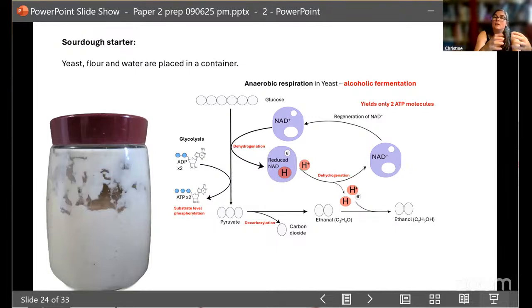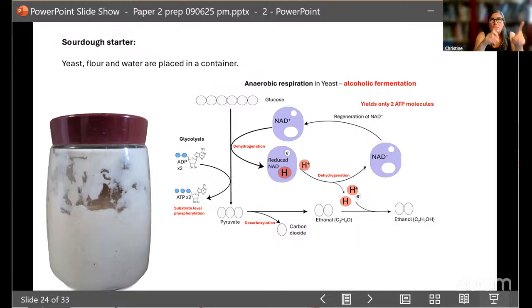So this is going to result in alcoholic fermentation. So they could bring in whether it was aerobically or anaerobically respiring based on: was it using oxygen? Did it produce ethanol? So do have a look out for that as well.